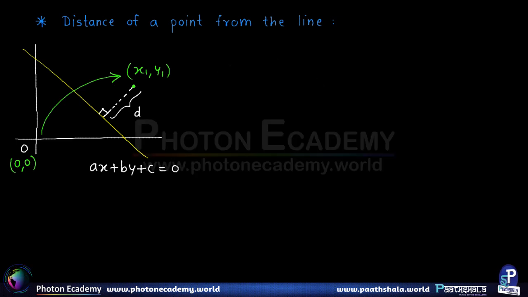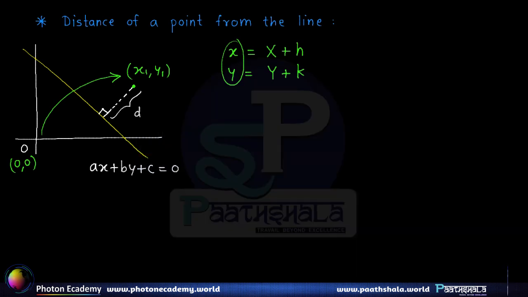So what it means is, we know that by shift of origin we can write x is equal to capital X plus h and y is equal to capital Y plus k, where x and y are the old coordinates, capital X and capital Y are the new coordinates, and h and k are the coordinates of the new origin, correct?